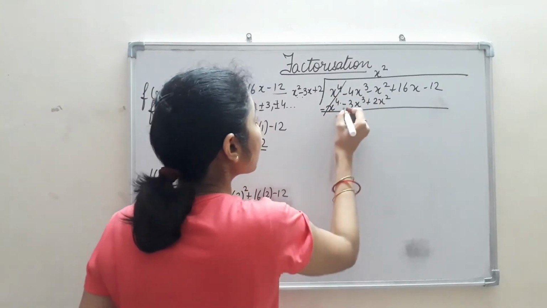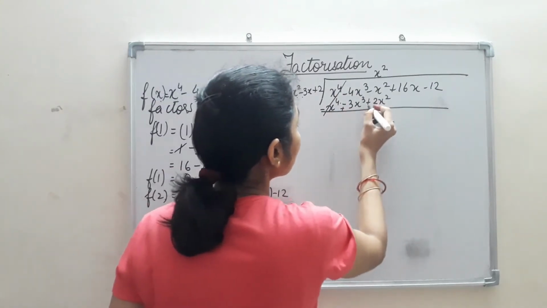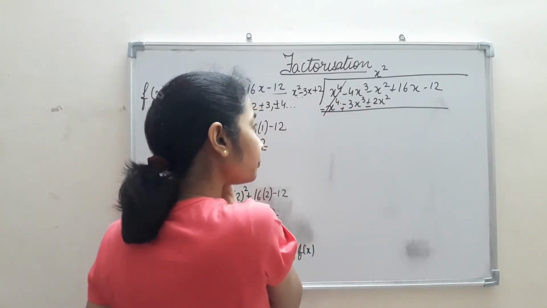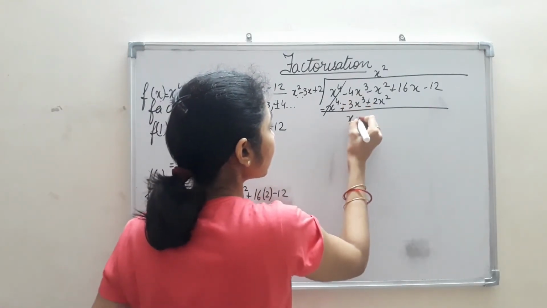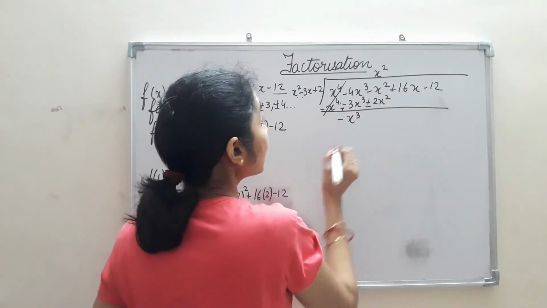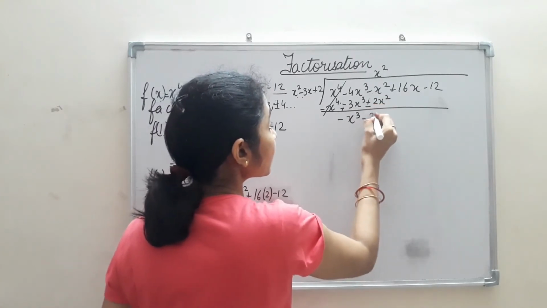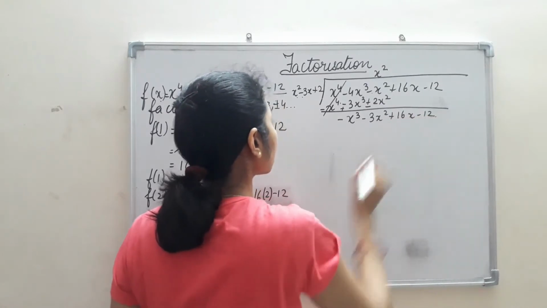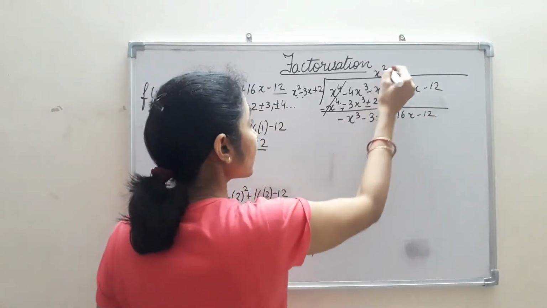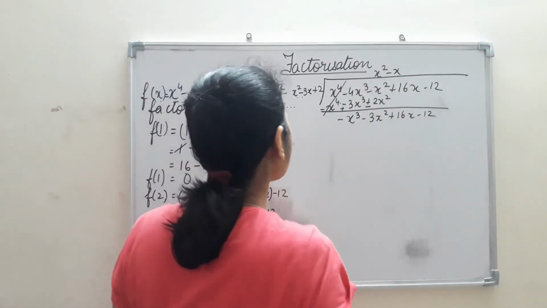Minus cancels, plus, and here also negative. Now minus 4 plus 3x cube gives me only minus x cube. Now minus x square and minus 2x square gives minus 3x square, plus 16x minus 12. Now what should I multiply to get minus x cube? I'll just multiply minus x.